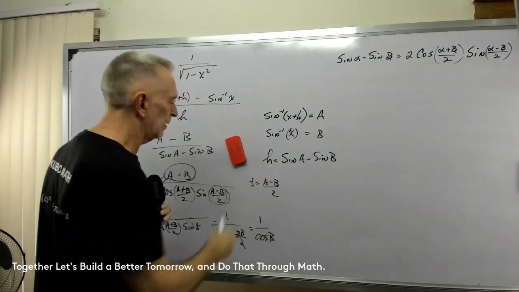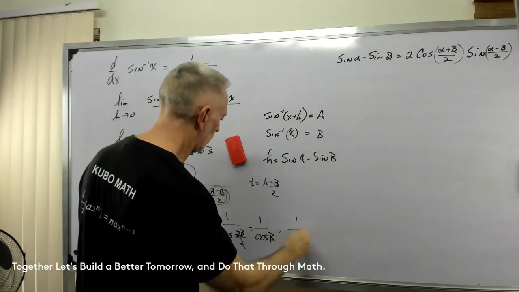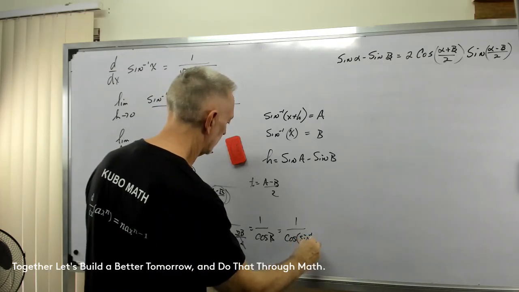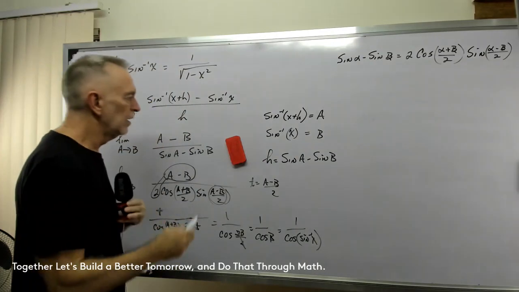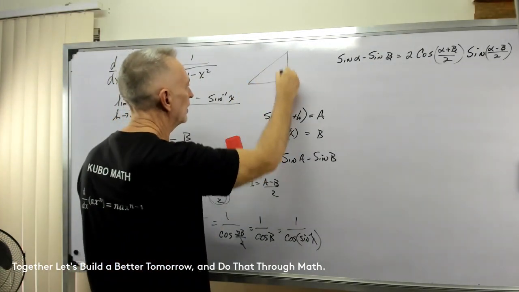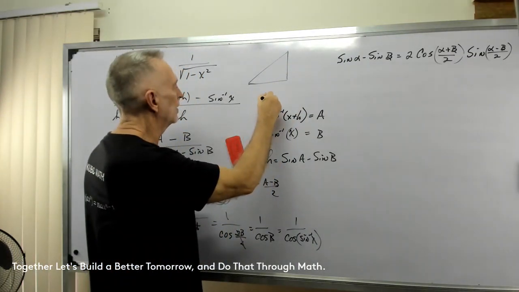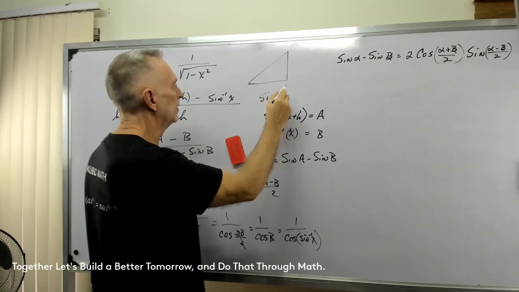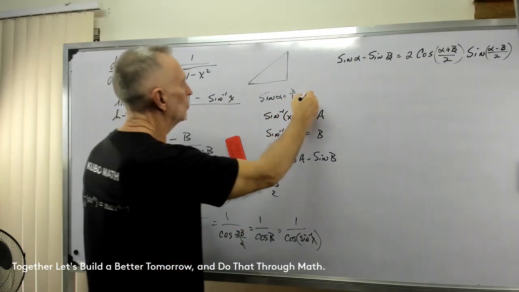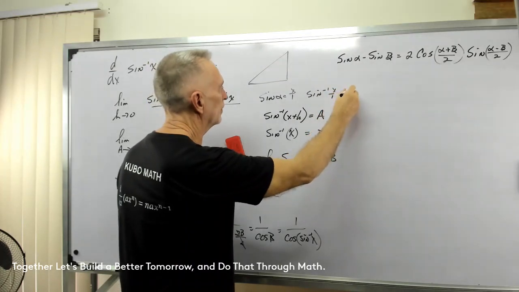Well, what was b? b was sine inverse of x. So it's 1 over cosine of sine inverse x. All right, let's go back to some of our trig thinking here. If we have sine of alpha equals x over 1, we would say sine inverse of x over 1 equals alpha.